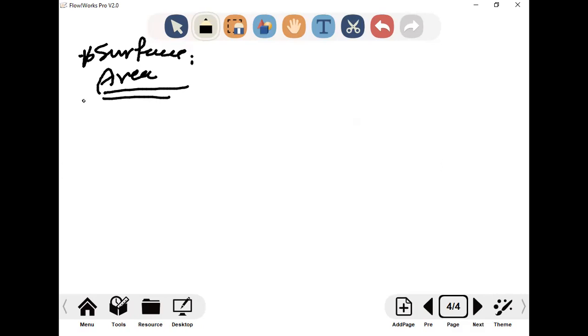Okay. Now, but we have a problem here. Sometimes when you have composite figures, okay, assume that we are in this room, okay? And I want to find the surface area.